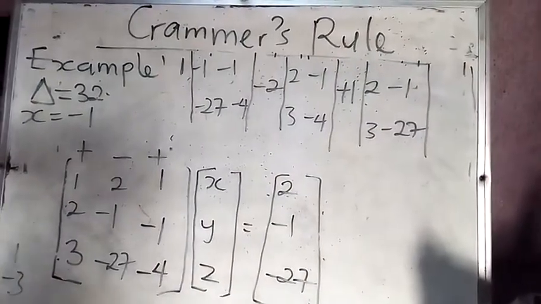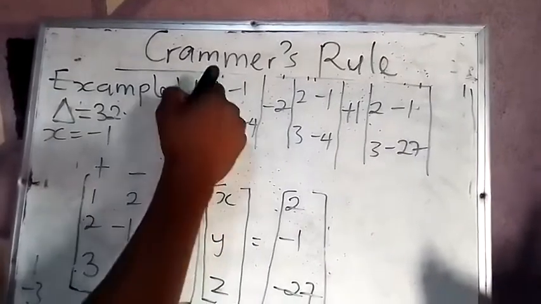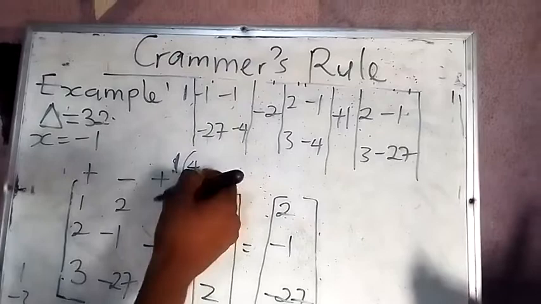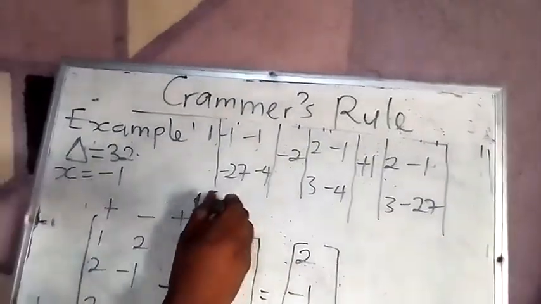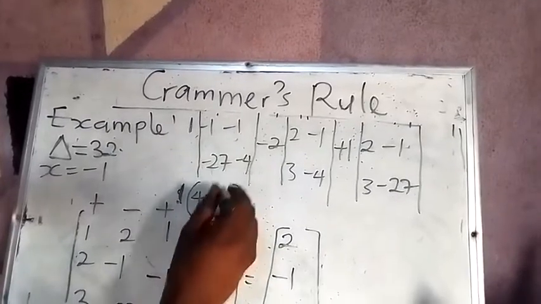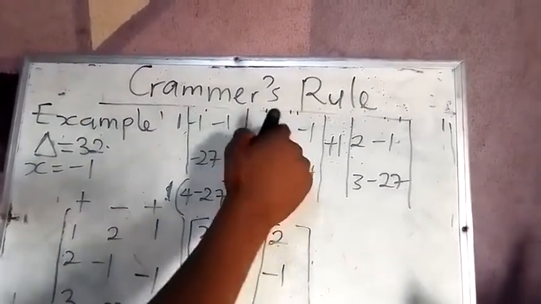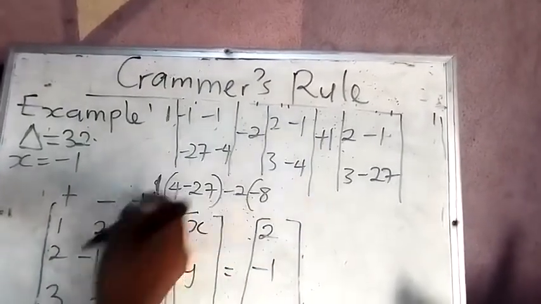So let's find the determinant for that. 1, open bracket, minus 1 times minus 4, that is 4, because minus times minus is plus 4. Minus 27 times minus 1, that is 27. But don't forget your minus. Minus 2, bracket, 2 times minus 4, minus 8. 3 times minus 1, minus 3.